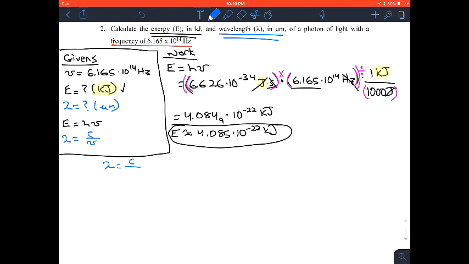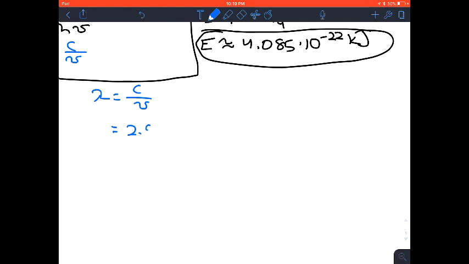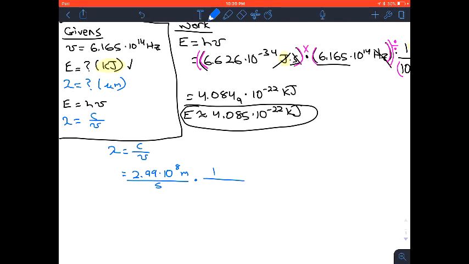So wavelength, of course, equals c over nu. So therefore, it's going to equal, just going to scroll it up a little bit, we have 2.99 times 10 to the 8th meters per second multiplied by 1 over the frequency, which in this case is 6.165 times 10 to the 14th hertz.